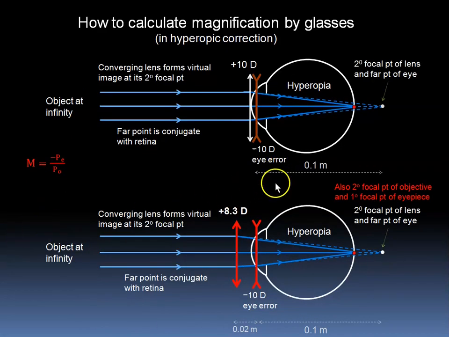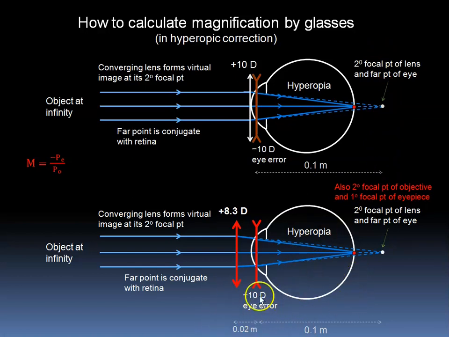Here we calculate the magnification using glasses to correct the hyperope. In this case, the hyperope has minus 10 diopters eye error, which can be corrected with a plus 10 diopter contact lens on top of the eye, or with a plus 8.3 diopter lens at 0.02 meter in front of the eye. The correcting lens here has its secondary focal point 0.1 meter behind, which is at the far point of the eye.